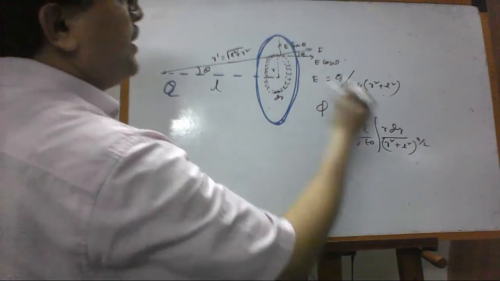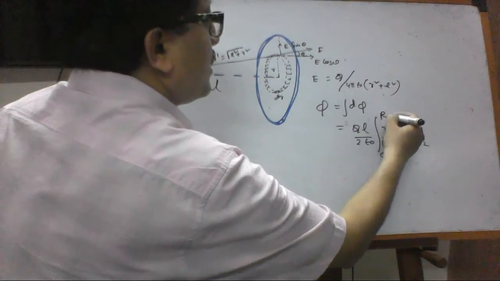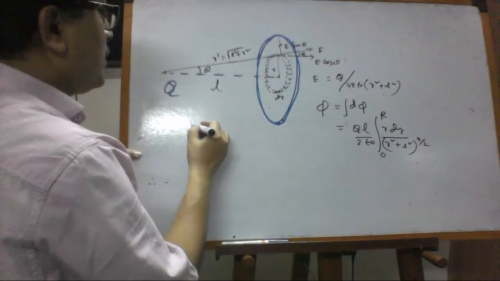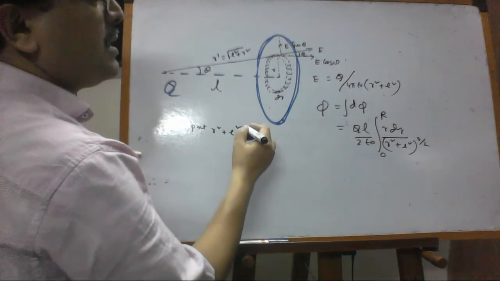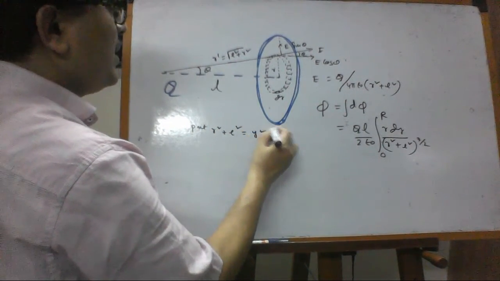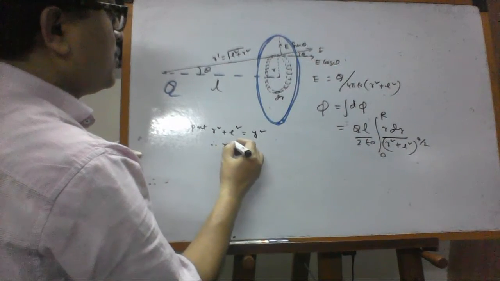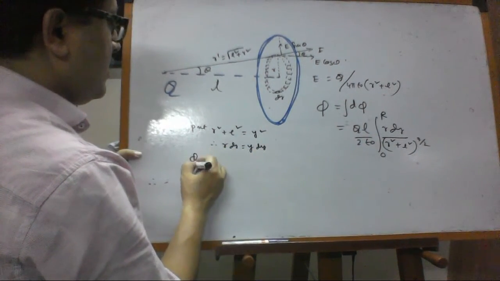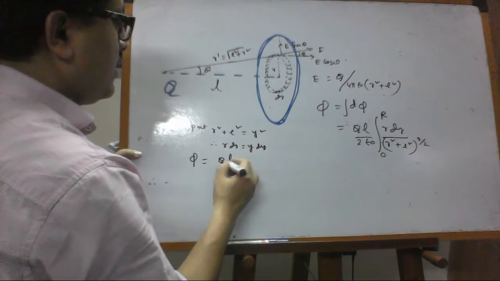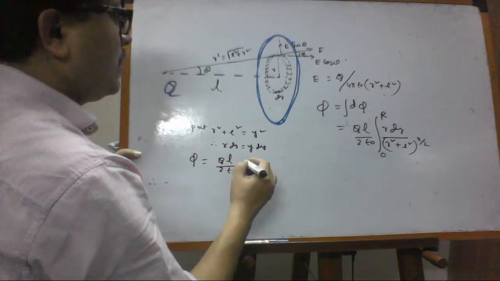You will integrate it from 0 to R. For integration, put r square plus L square equal to y square. So r dr equals y dy.